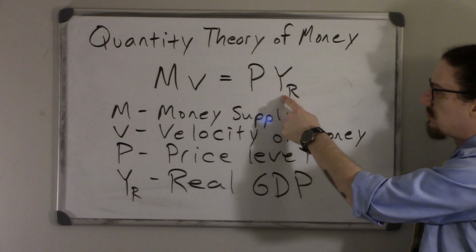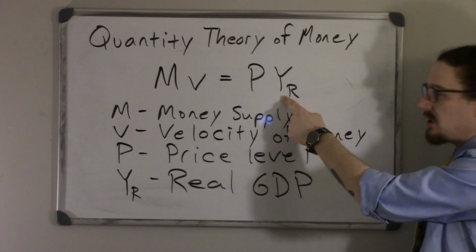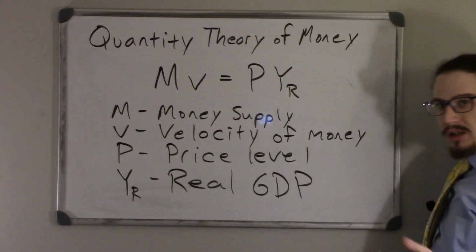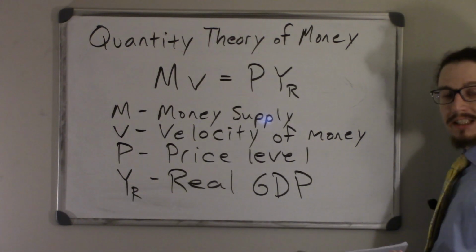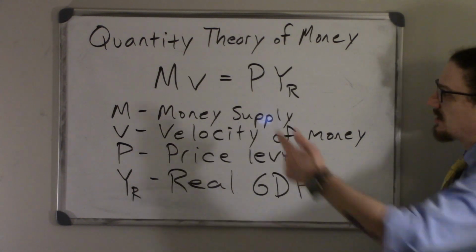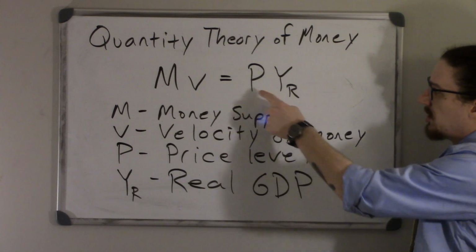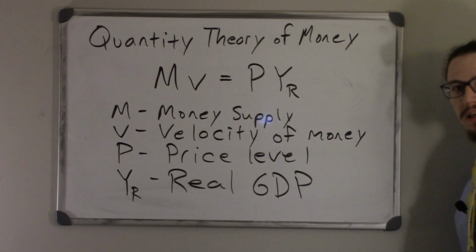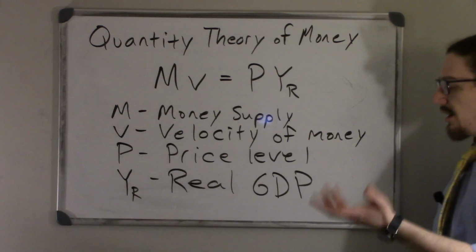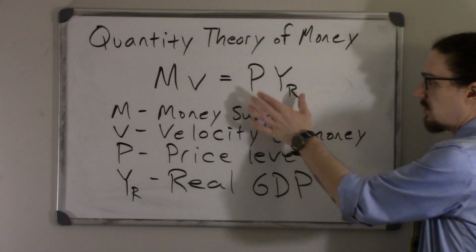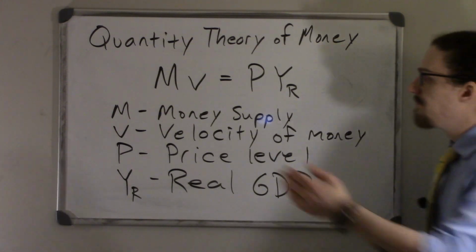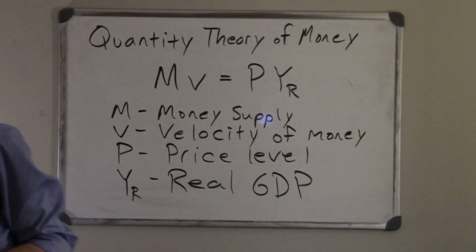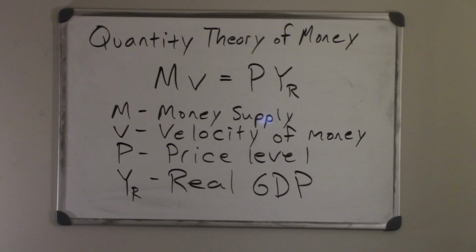If this is the real output, real GDP, that is GDP adjusted for inflation, so adjusted for the difference in price level from one year to the next, and then we multiply that real GDP by the price level, that's going to give us the nominal GDP. And of course, if the right-hand side is equal to the nominal GDP, then the left-hand side must also be, for this equivalency to hold.